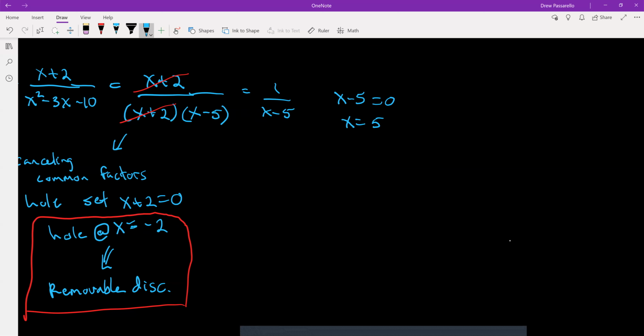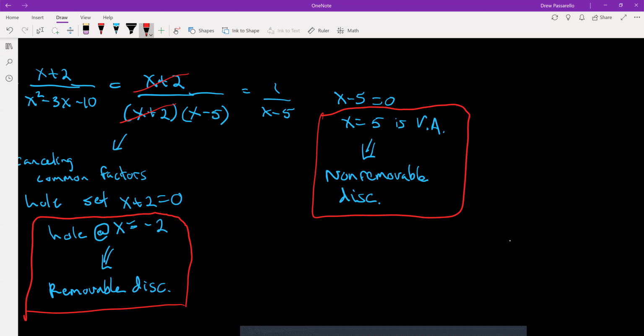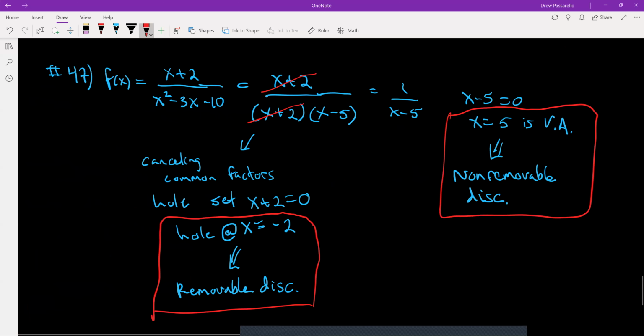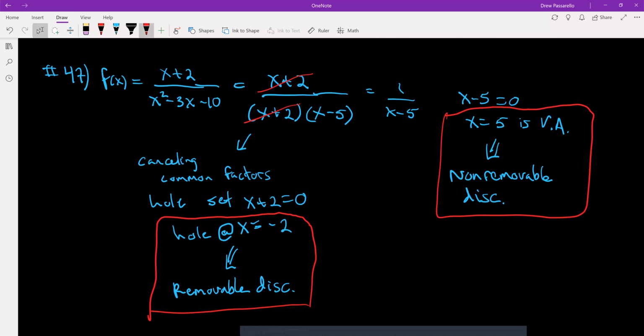So x equals 5 is a vertical asymptote, and since it's a vertical asymptote, that means it's a non-removable discontinuity. All right, and that's how I would handle these examples so far.